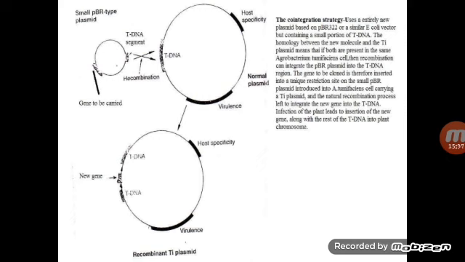The T-DNA is interrupted and divided into two parts due to the recombination of the small pBR-type plasmid. Our desired gene is also inserted in this region. So this is one strategy, the co-integration strategy. In the co-integration strategy, two vectors are combined into a single vector.